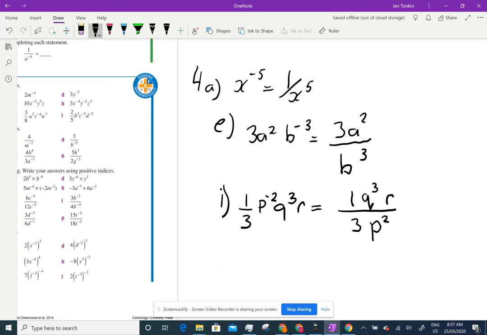I'm just going to make sure I've got my solutions open, so I'll double check because I don't want to make a mistake. I'm just going down there now, exercise 2. We're in about 2F, aren't we?